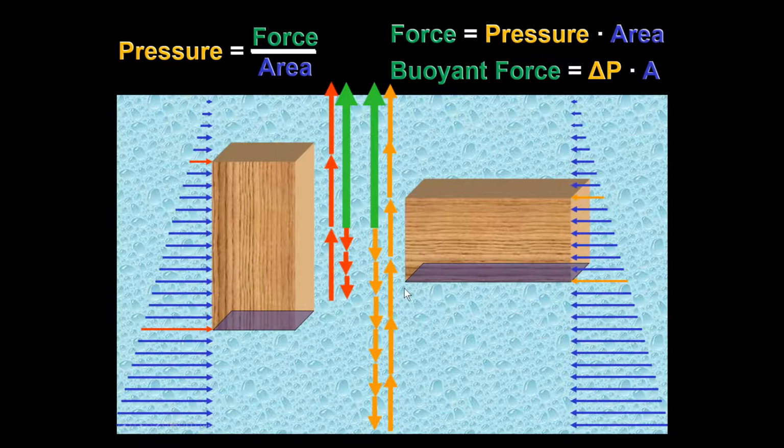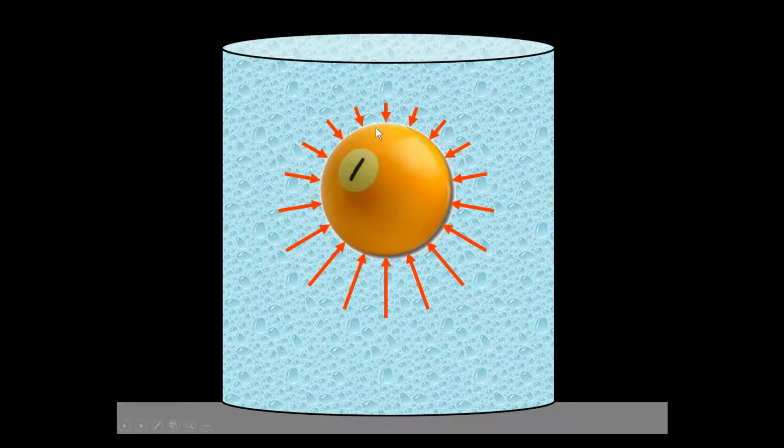This area was pretty big. So this had a big difference in pressure because there was a lot of difference in depth, but it was on a small area. This had a smaller difference in pressure. There wasn't as big of a difference in depth, but it was over a bigger area. And the balance of those two variables works out to be the same buoyant force.